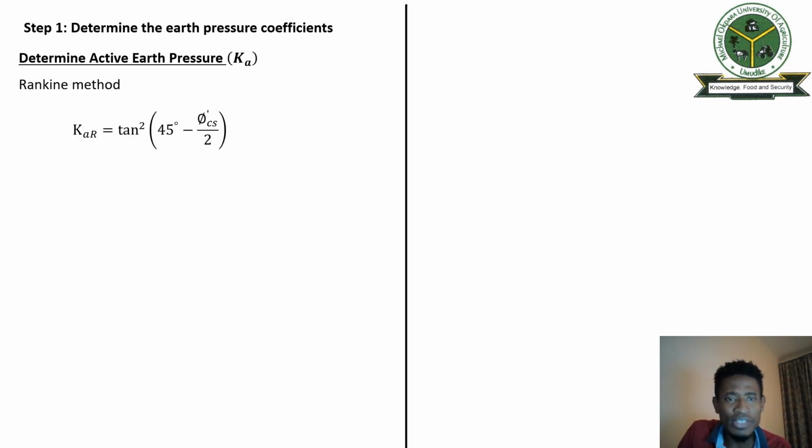Now this is the formula for determining the value of the lateral active pressure. So we have the passive earth pressure, we have the active earth pressure. And in class, I explained to you clearly what the passive pressure and the active pressure are all about. It doesn't just mean the soil in front of the wall or the soil behind the wall.